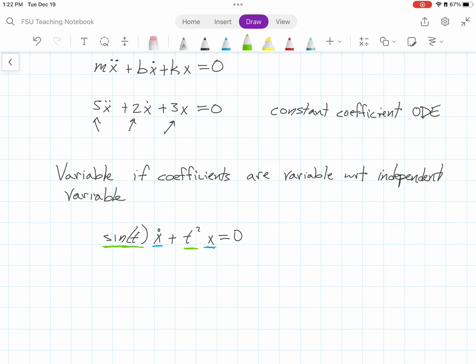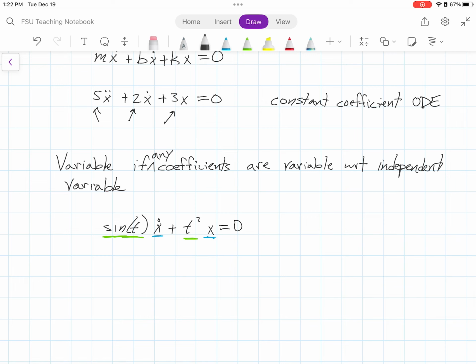They change with our independent variable. I should add in, if any coefficients are variable, this is a variable coefficient ODE.